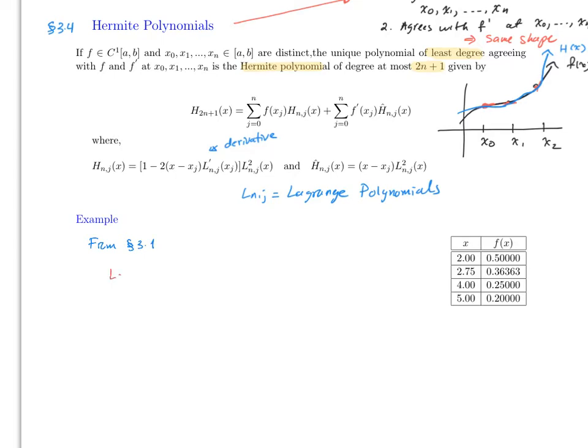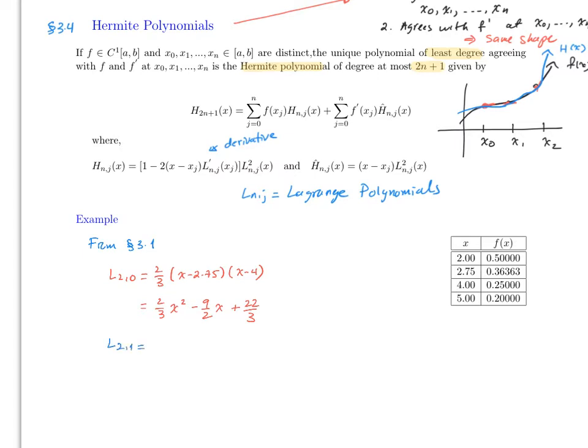We get L2,0 equals 2/3 times (x minus 2.75) times (x minus 4), which if we simplify, will be 2/3 x squared minus 9/2 x plus 22/3. Now you can use decimals too. I just leave it like this so it's more accurate.